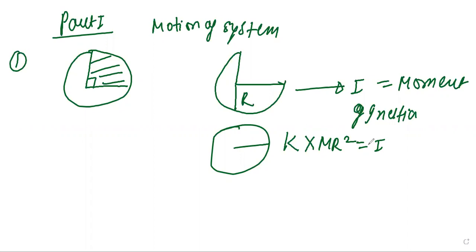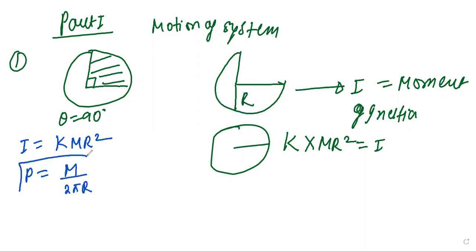So see here. The angle cut is given as 90 degrees, right? As we know, the moment of inertia is given as k m r square. For the remaining part, the mass per unit length is lambda equal to m upon 2 pi r.